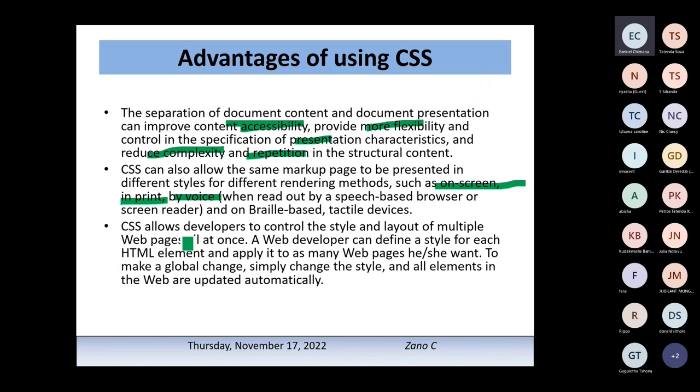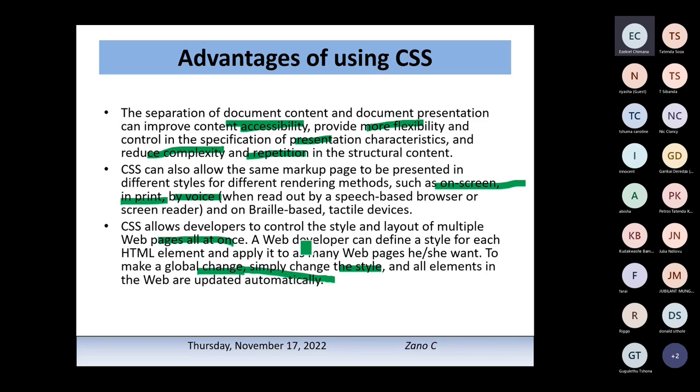CSS allows developers to control the style and layout of multiple web pages all at once. A web developer can define a style for each HTML element and apply it to as many web pages as he or she wants. To make a global change, simply change the style and all elements in the web pages are updated automatically.